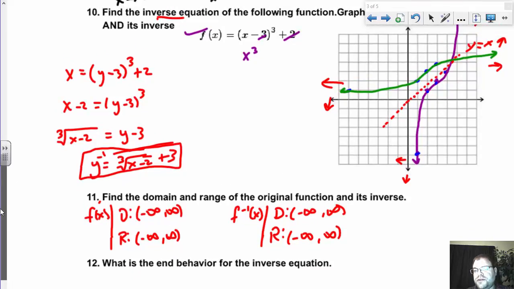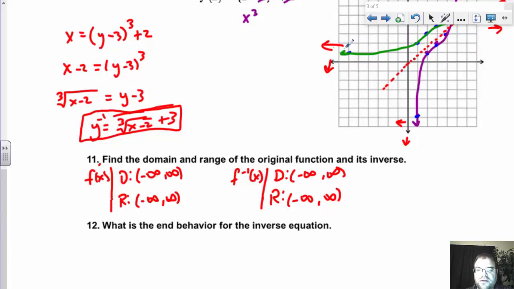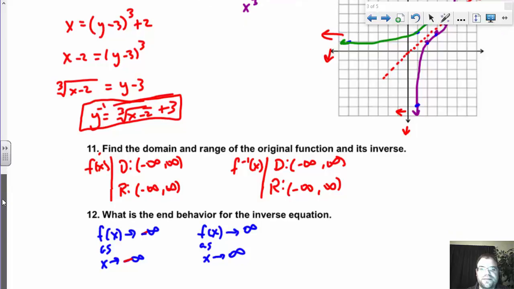And the end behavior of the inverse equation, which is this green graph, it's going to go down as it goes to the left. So we'll start off by saying that f of x will approach negative infinity as x approaches negative infinity. And that f of x on the other side will go toward positive infinity as x goes to positive infinity.